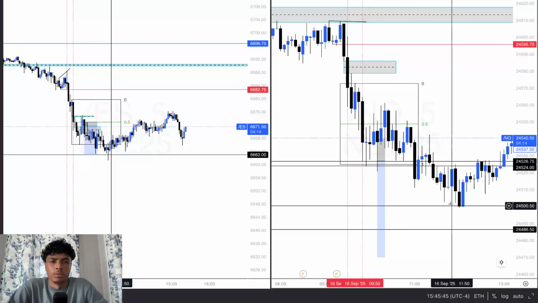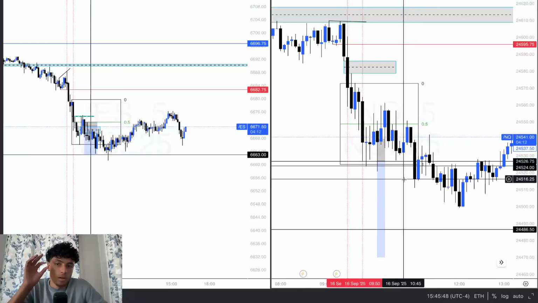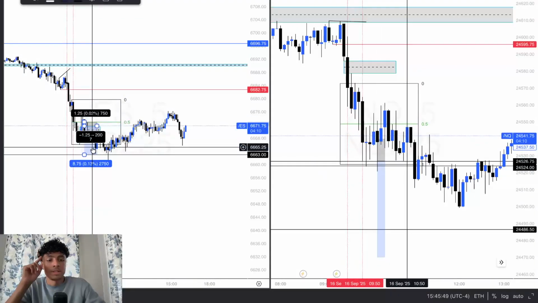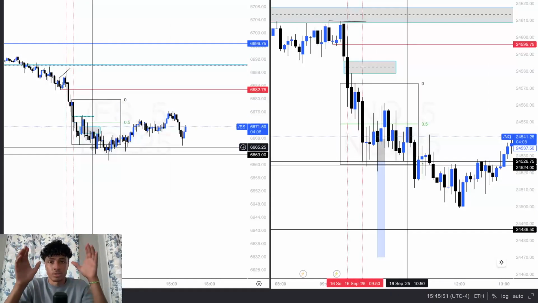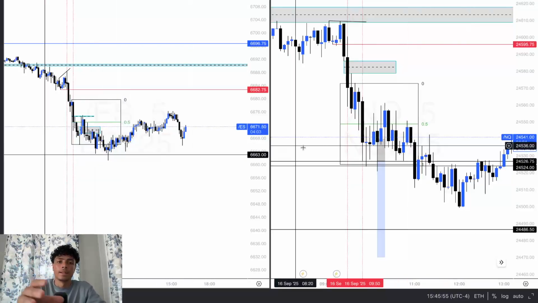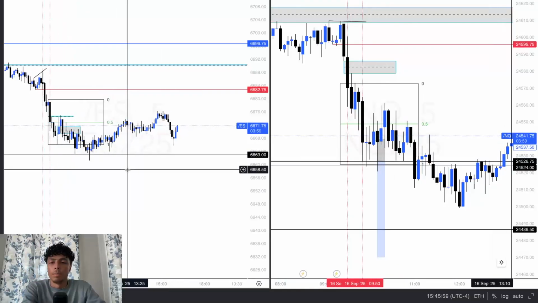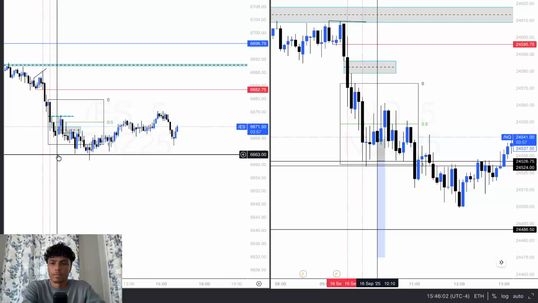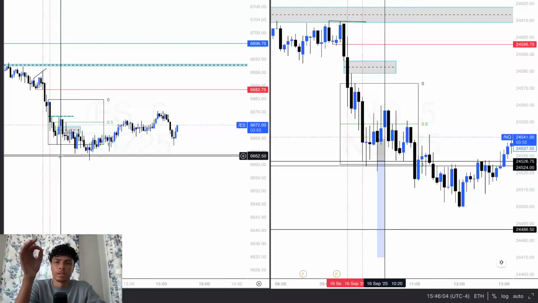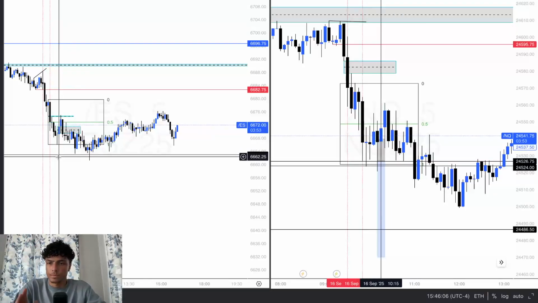It filled equilibrium. But one thing you have to be smart is you got to be adaptive. You got to look at both markets, especially if you're in futures. You have to stay aware because look, in NQ, it filled this equilibrium, but in ES, there was a fair value gap and there was an equilibrium that didn't get filled.